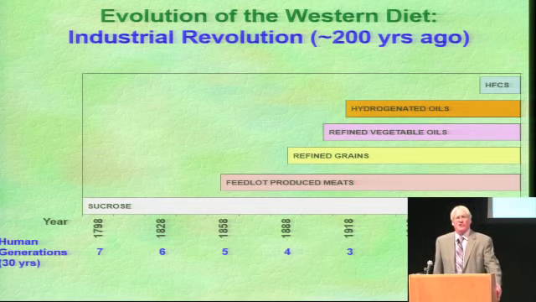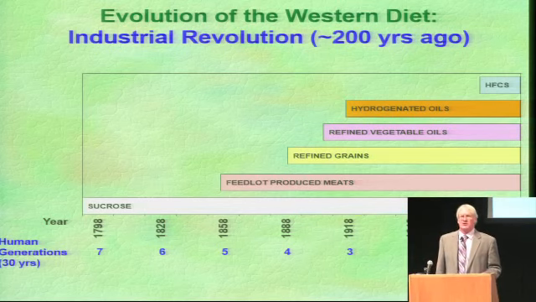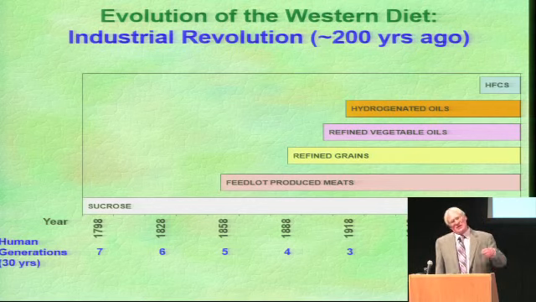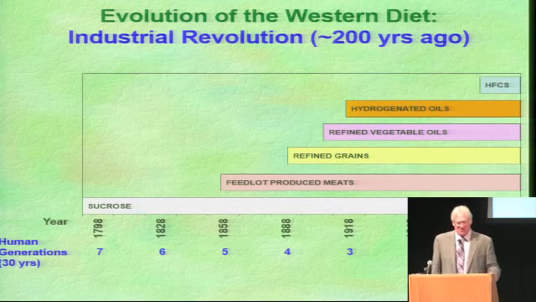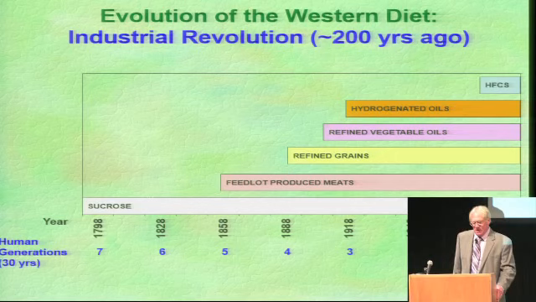If we move even faster forward, we can look at the industrial era, which started about 200 years ago. This is when things really got geared up in terms of processing foods. Sucrose really wasn't available to the average citizen until about 200 years ago, with the advent of the steam engine and being able to get sugarcane from the tropics back up to northern latitudes inexpensively. This is when people could start eating refined sugar in high quantities.